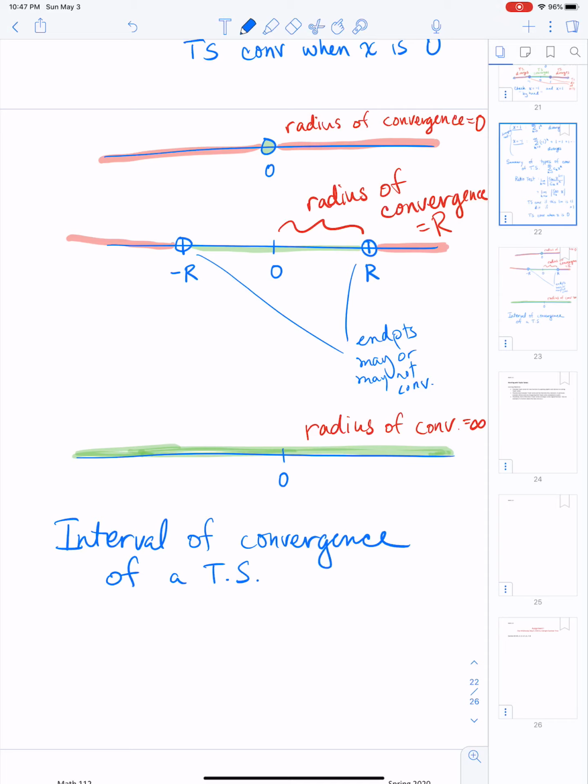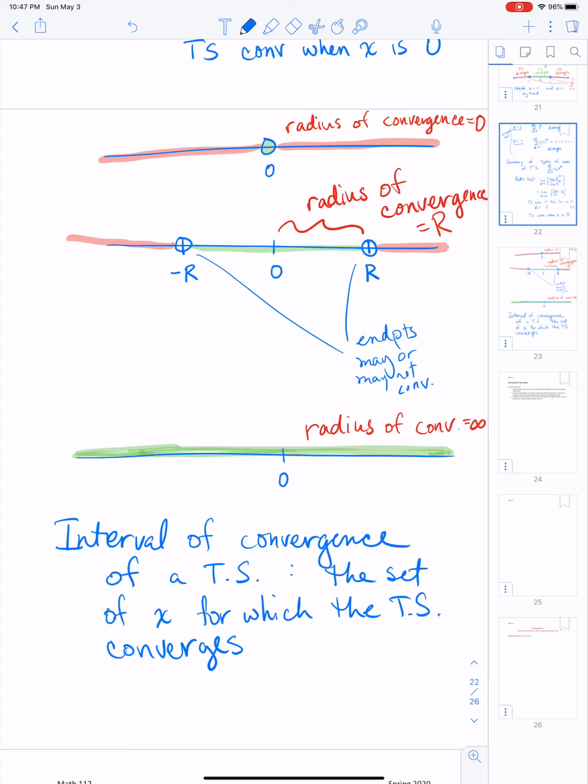So the interval of convergence is the set of all x values for which the Taylor series converges. And this is always a symmetric interval, or at least this interval will always take on the three green highlighted forms that I have above.